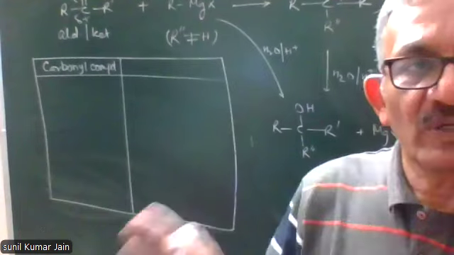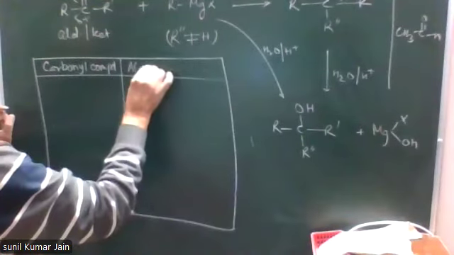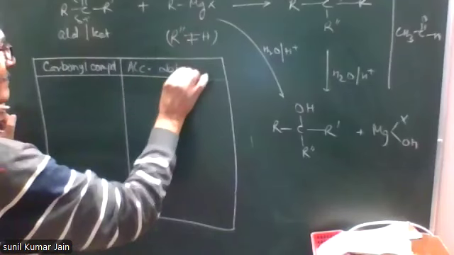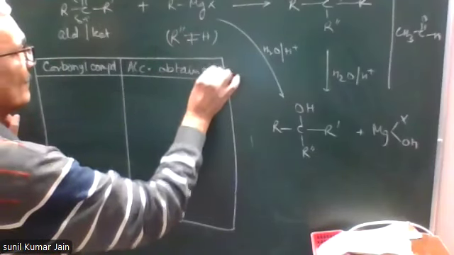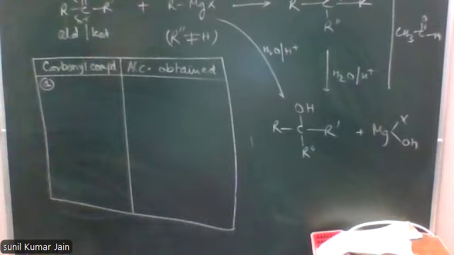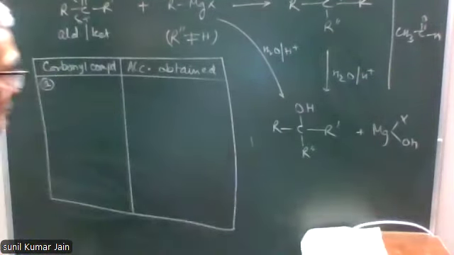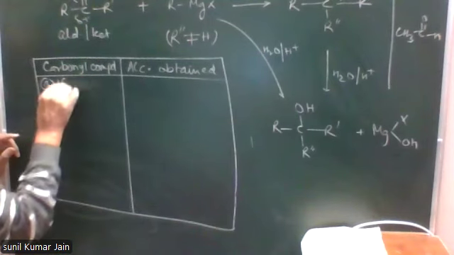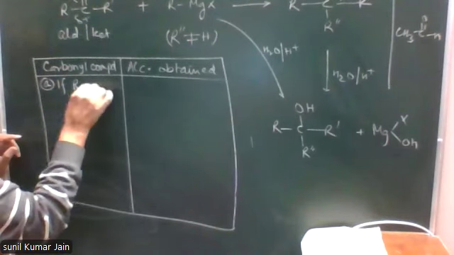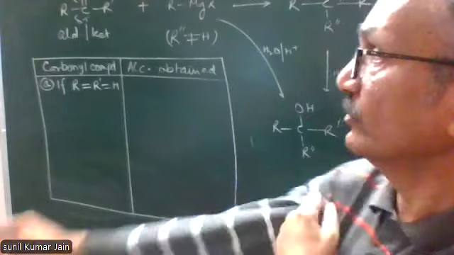Right column, alcohol obtained. A part. If R is equal to R' is equal to hydrogen, I'll read it for you.